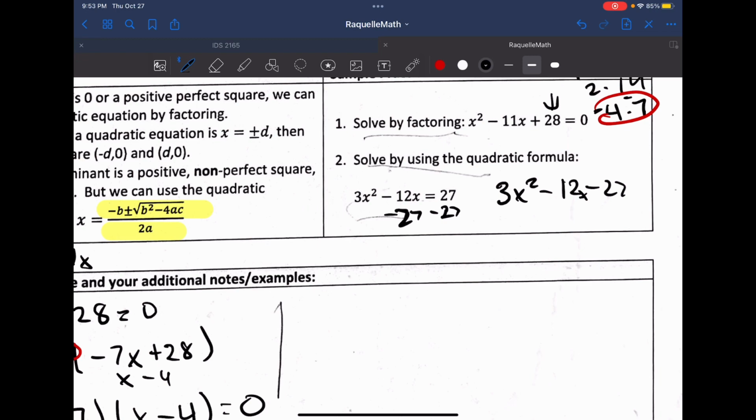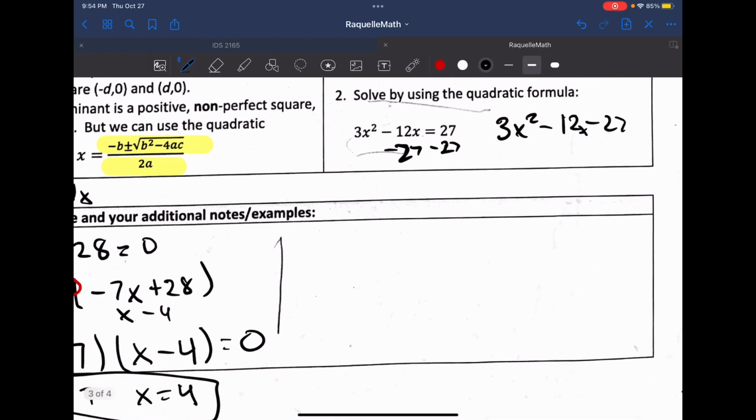Sorry for my messy handwriting, but basically this is A, this is B, and this is C. So we plug into the formula. We have -12 plus or minus the square root of, well, this would be -12, because you can see B here is -12.